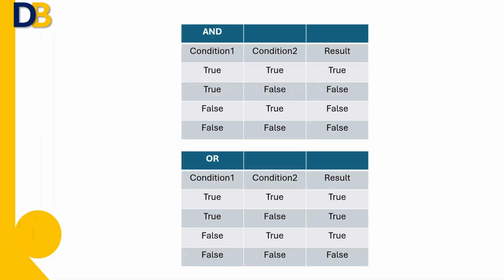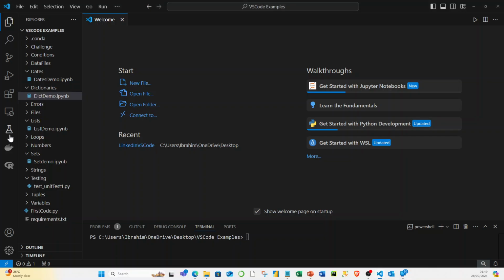Once condition 1 or condition 2 or condition 3 or condition n is true, then your result is going to be true. So in summary, OR is less restrictive compared to the AND operator. And once you remember this, it's going to be a lot easier for you to write if statements in the Python environment. So let's cut through to our VS Code and see how Python handles if statements.